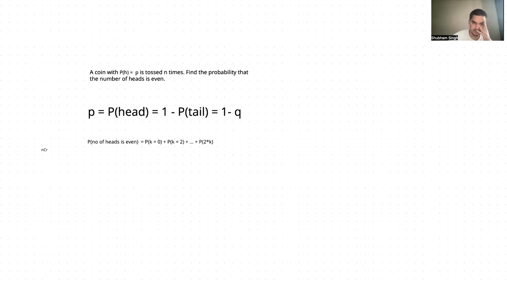So this can be written as the summation of nCr, where n is the number of coin tosses, and r equals 0, 2, 4, 6, and so on, up to n.